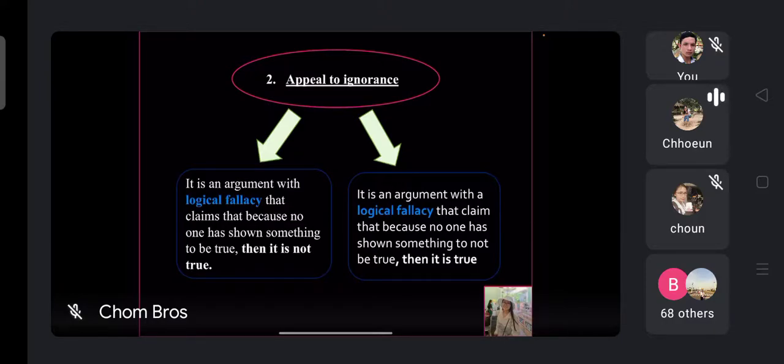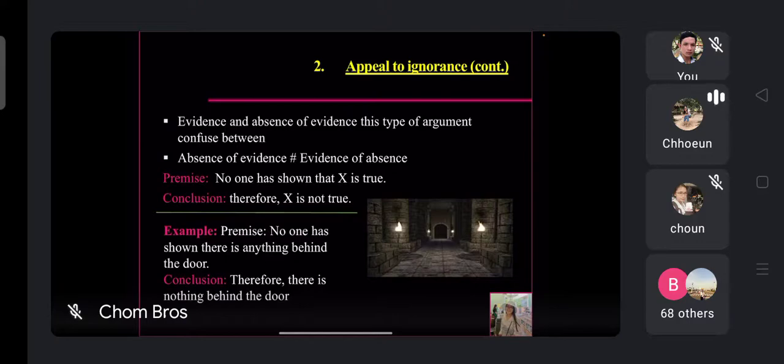So move to the next slide with our example. Evidence and absence of evidence. This type of argument confuses the absence of evidence with the evidence of absence. In the first case, the premise is no one has shown that it is true, but the conclusion is, therefore, it is not true.